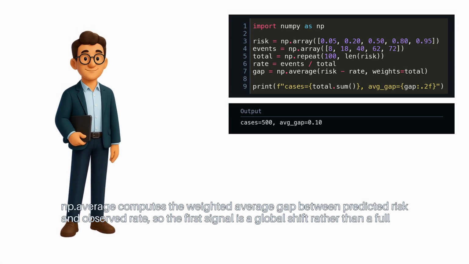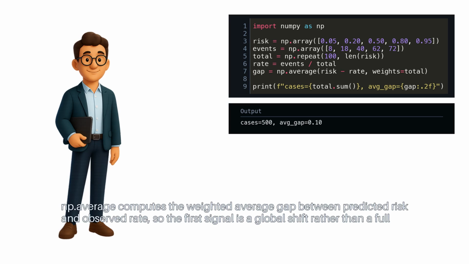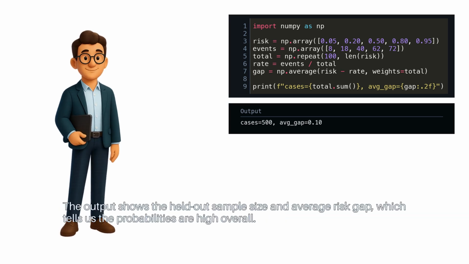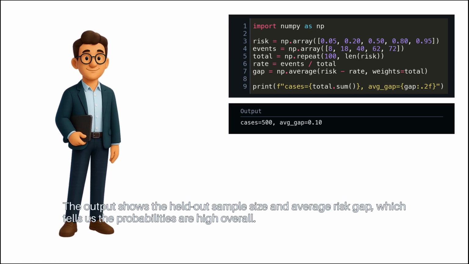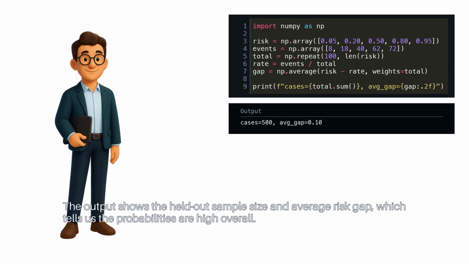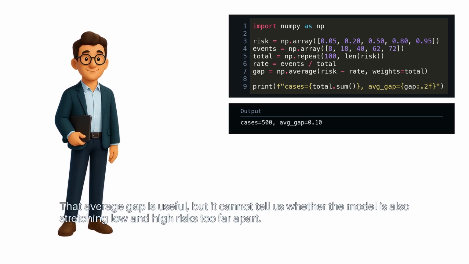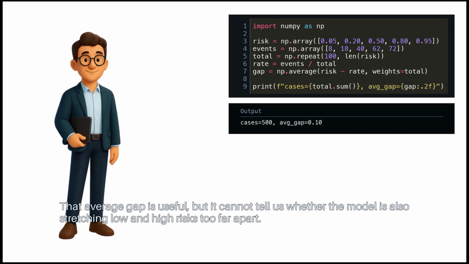So the first signal is a global shift rather than a full calibration diagnosis. The output shows the held-out sample size and average risk gap, which tells us the probabilities are high overall. That average gap is useful, but it cannot tell us whether the model is also stretching low and high risks too far apart.